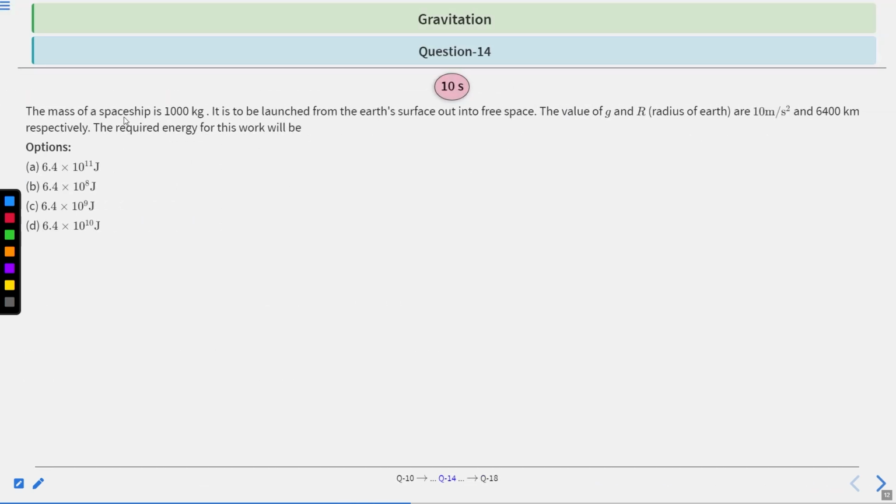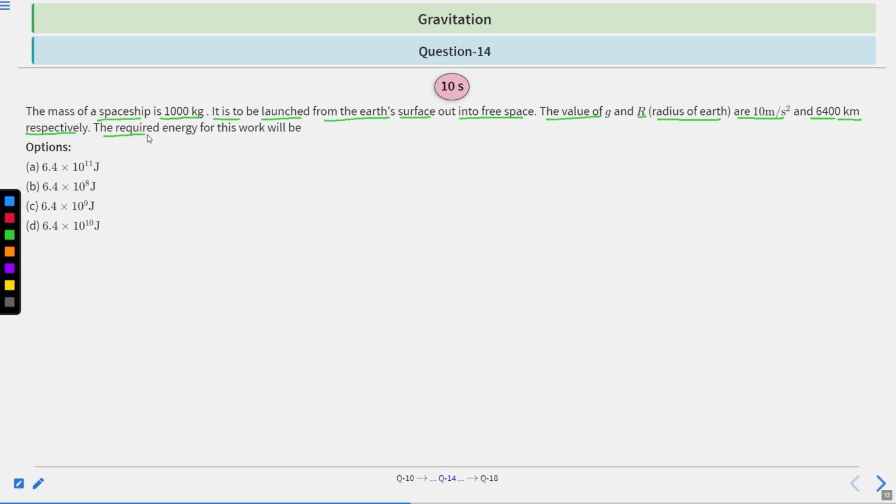The mass of a spaceship is 1000 kg. It is to be launched from the Earth's surface out into free space. The value of g and R, which is the radius of Earth, are 10 meter per second square and 6400 kilometer respectively.